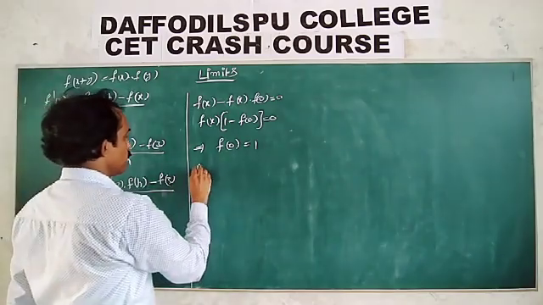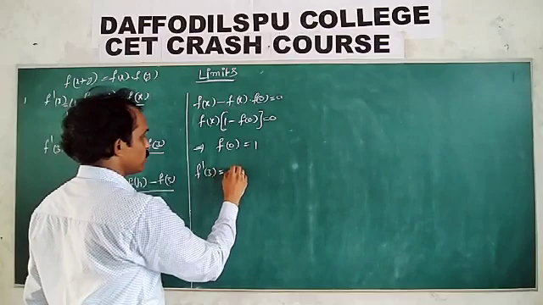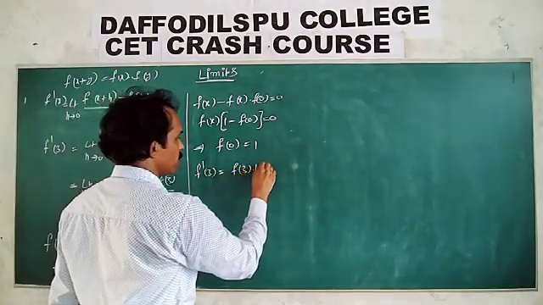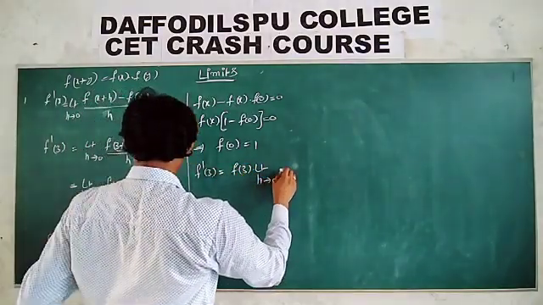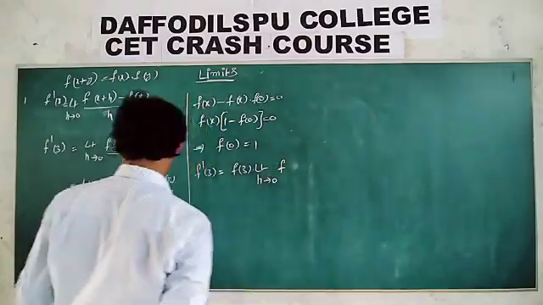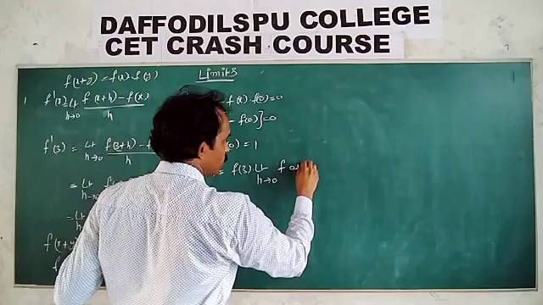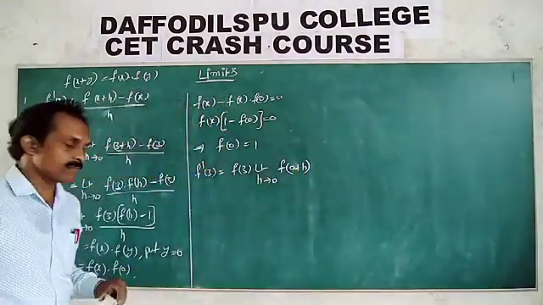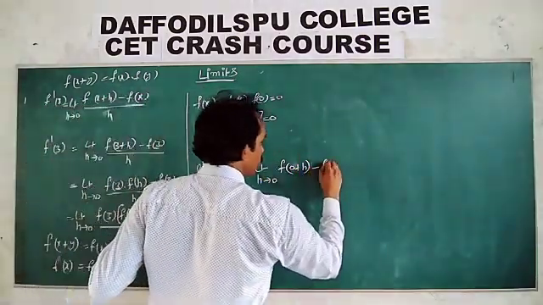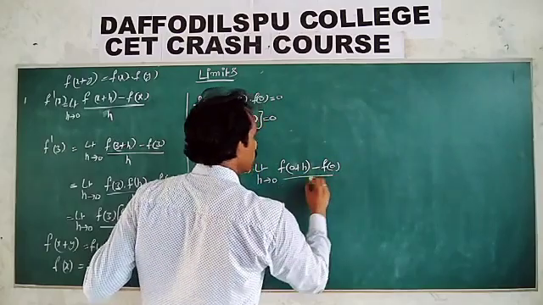Okay, substitute. In place of 1, take f of 0. From this, f dash 3 is equal to f of 3 outside, limit h tends to 0, f of h. In place of h, I will write f of 0 plus h, and in place of 1, f of 0, divided by h.